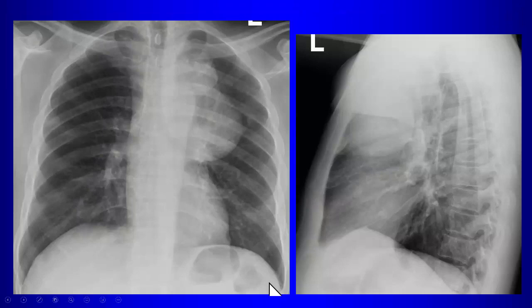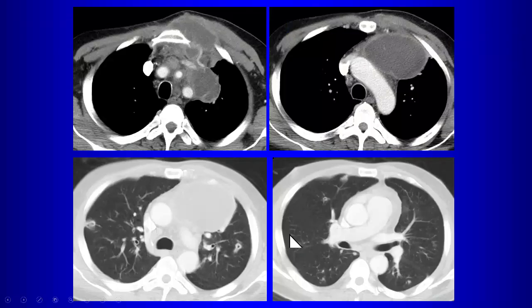All right, so this person has a big mass. Where's the mass? Well, I gave you a lateral view. Anterior compartment. Yeah, so you've got a big mass here in the anterior mediastinum, okay? So, of course, you see, by the way, what is this thing doing?